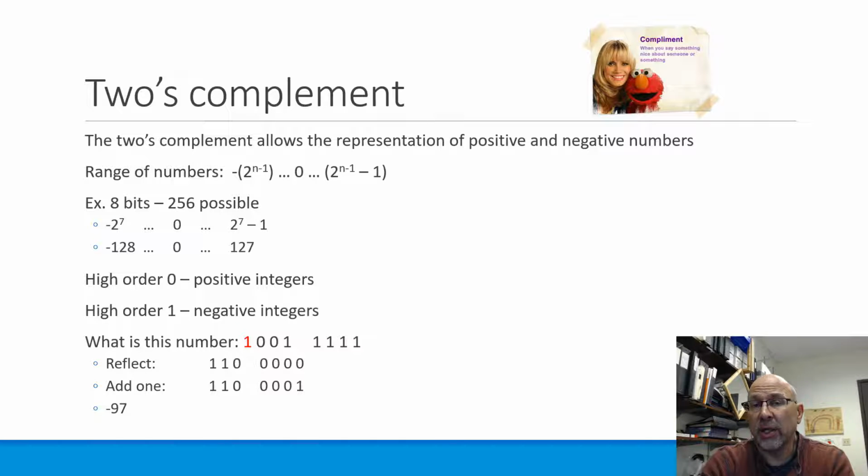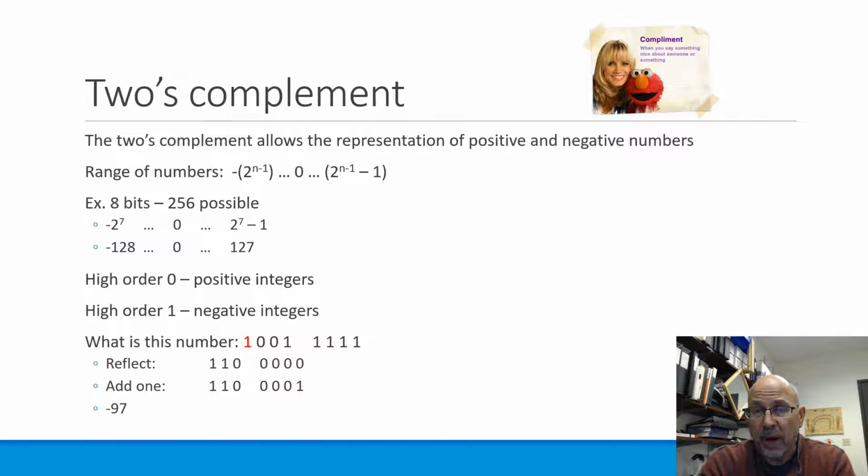So another way to look at that is we could just say that 1 is a negative indicator. And then instead of having a range of 128 to 255, we just say those are all the negative numbers from negative 1 to negative 128. And so that's how it works.